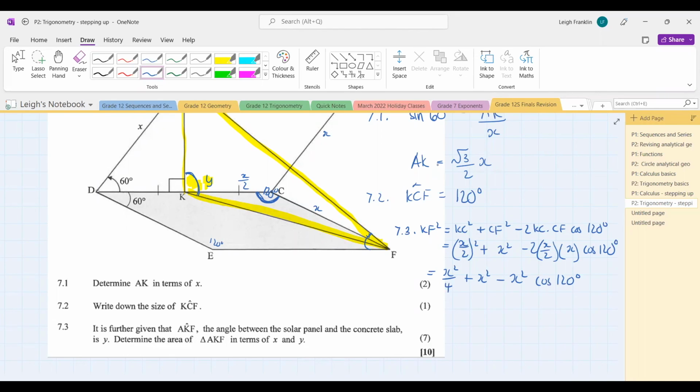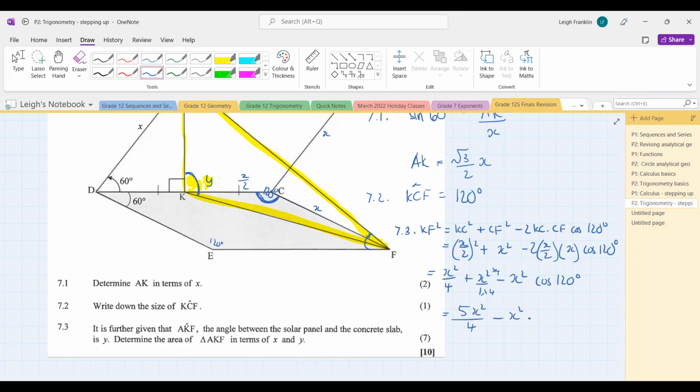Okay, so now if that was over 1, times by 4, this is going to give us 5x squared over 4 minus x squared cos 120. So now cos 120 can be reduced, can't it?